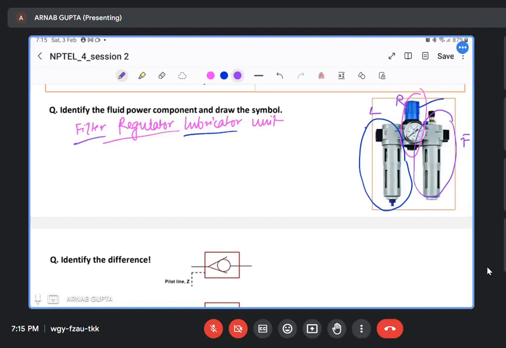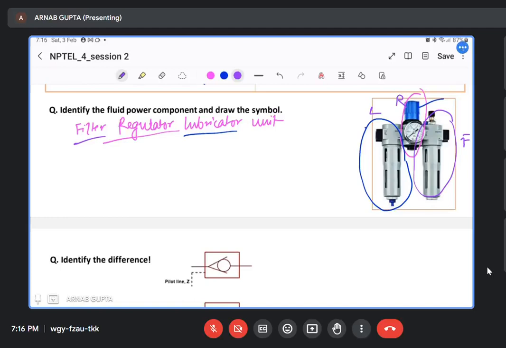The symbol of FRL is very important because in pneumatic systems, once the air is compressed, it needs to go through a FRL unit so that you get rid of dirt and different contaminant particles, and at the same time a small amount of lubricating oil is spread or emulsified into the airstream.